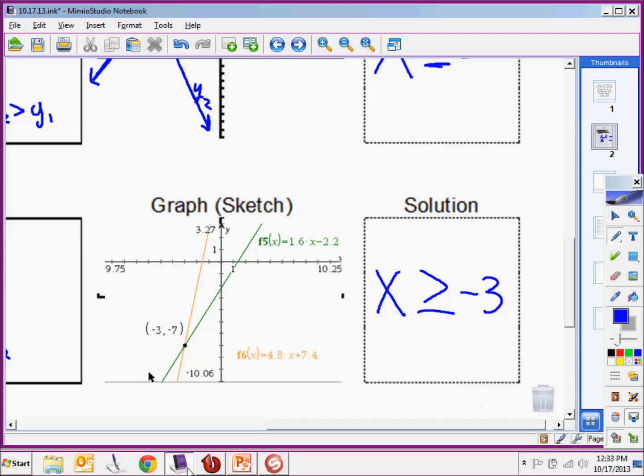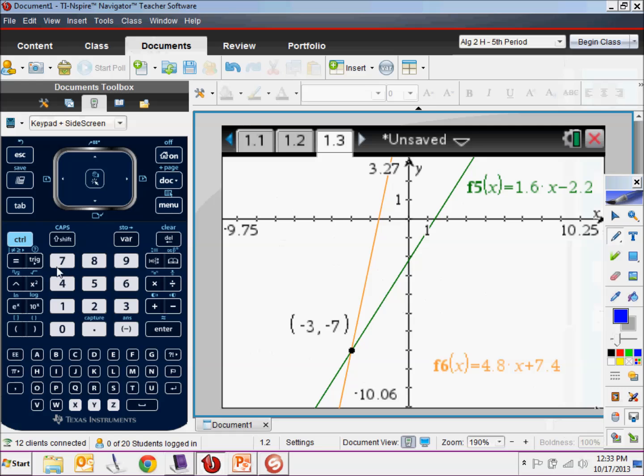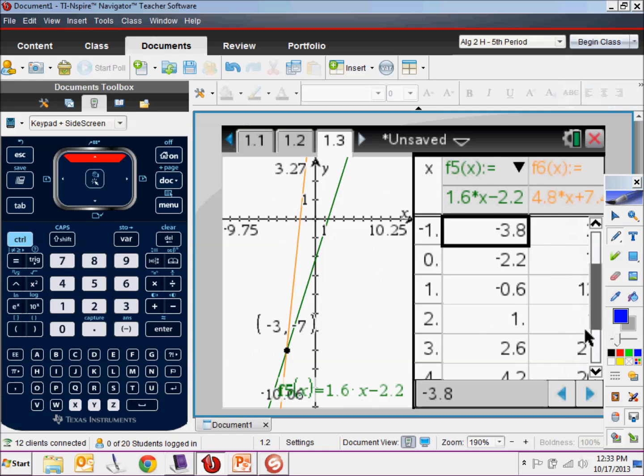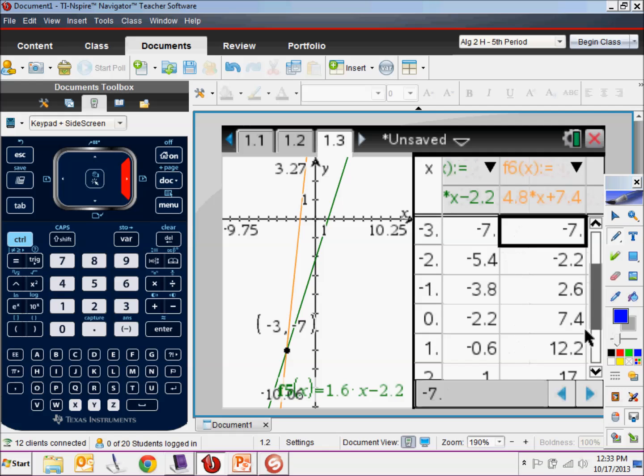And if I wanted to check, what do I look at? I verify with my table. So I go to my table, I hit Control T. All right, so at -3, I want to see, they're the same value, right? -3, perfect. So now I want to know, when does my green value start getting smaller than my yellow value? Well, at -2, what happens? It instantly got smaller, right?